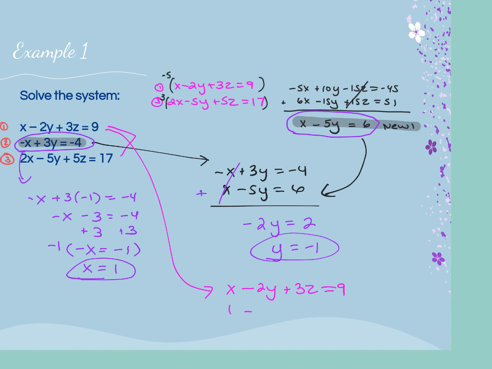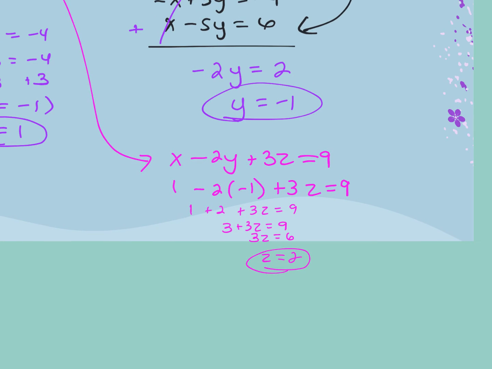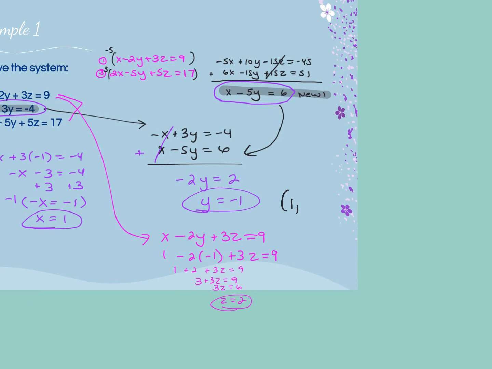Plug in the x, plug in the y, and we're going to solve for z. 1 plus 2 plus 3z equals 9. 3 plus 3z equals 9. 3z would equal 6, and z would equal 2. So my solution here is my x, which is 1, my y, which is negative 1, and my z, which is 2.